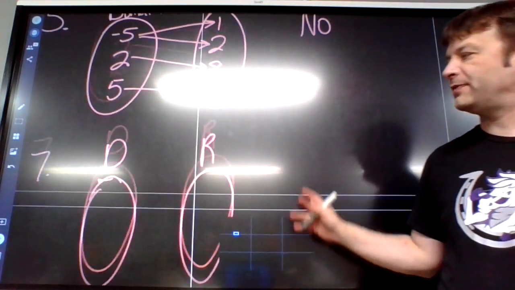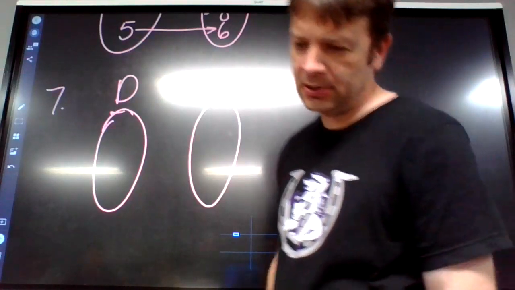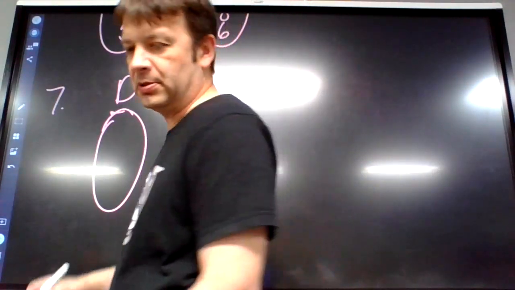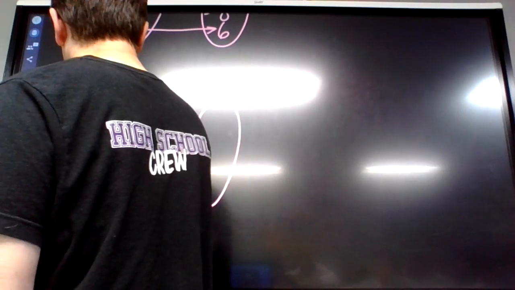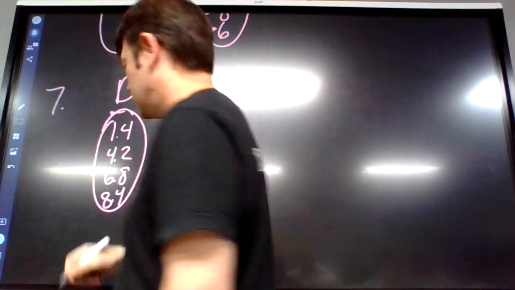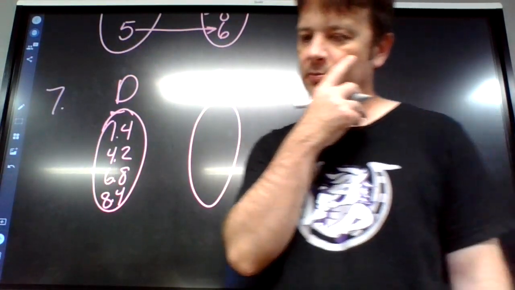Okay, on number 7, what's the domain? 1.4, 4.2, 6.8, and 8.4. That's a lot of numbers. You're in math.